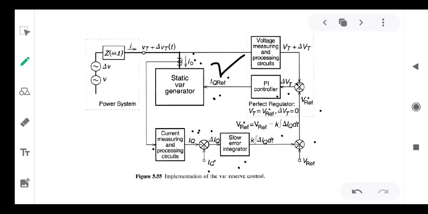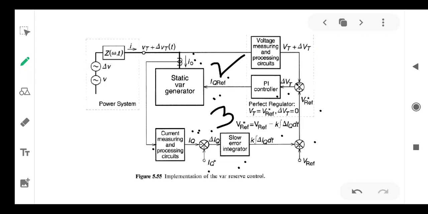This slow acting integrator will take some time to bring back the operating point to 3. So this point is obtained with the help of the slow acting integrator. Therefore, the compensator will bring back the operating point 3 corresponding to point 1 at IQ reference.